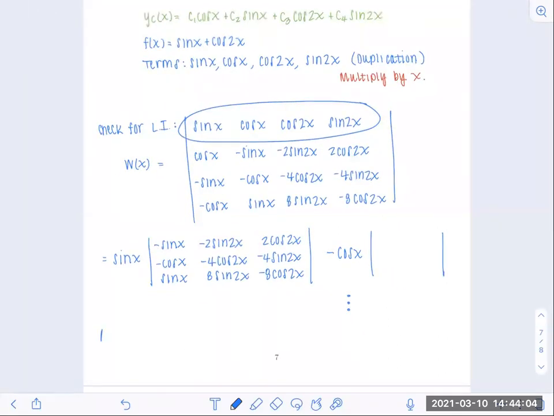And so assuming linear independence, we would set up our particular function. Again, I'm going to multiply everything through by an x. So I would get Ax sine of x plus Bx cosine x plus Cx cosine 2x plus Dx sine 2x.